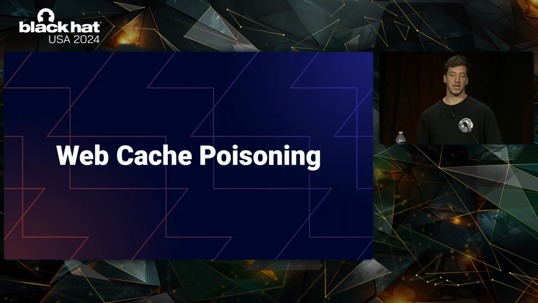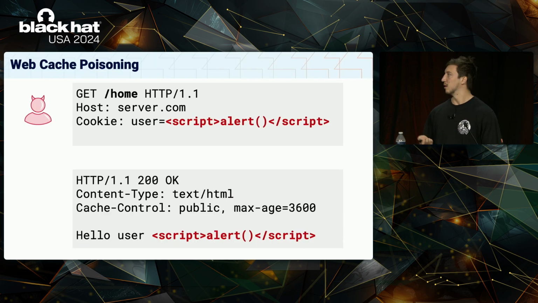So web cache deception is really good, but we need user interaction. And I wanted to find an attack that doesn't require any user interaction at all. So the other way we can exploit a web cache is using web cache poisoning. Basically, in this attack, we are going to try to store a malicious response, in this case, a response that contains a script that was reflected because of the cookies.